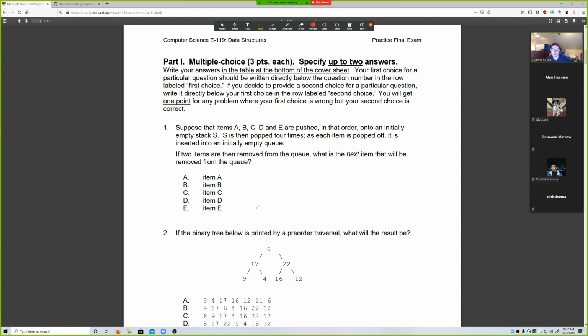A, B, C, D, and E are pushed in that order onto an initially empty stack. So let's make the stack A, B, C, D, E. Then that stack is popped 4 times, and as each item is popped off, it's inserted into an initially empty queue. So we've got a queue here: E, D, C, B. Makes sense what I just did there with the queue?